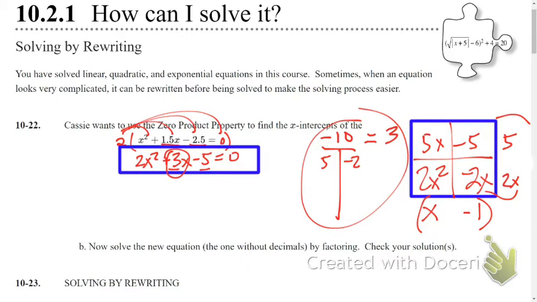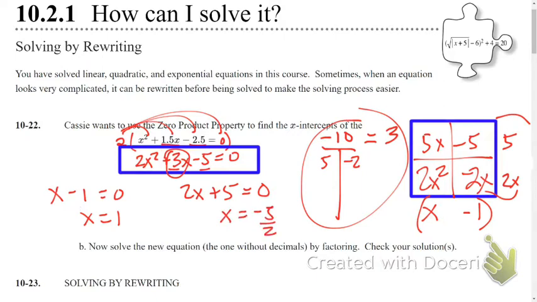Then I put it in the generic rectangle, and I factored, and I got x minus 1 and then 2x plus 5. So if I have x minus 1 equals 0, and then 2x plus 5 equals 0, I'm going to get x equals 1, and then x equals negative 5 halves.